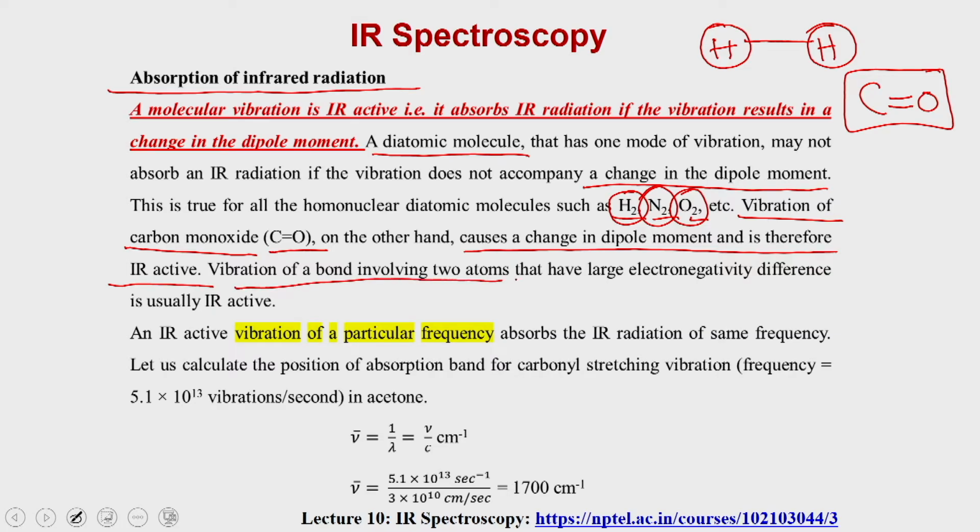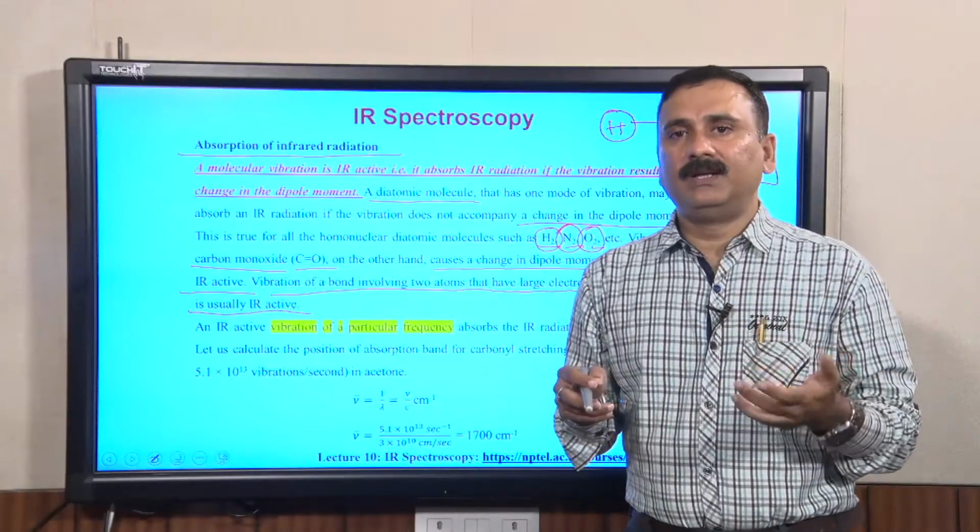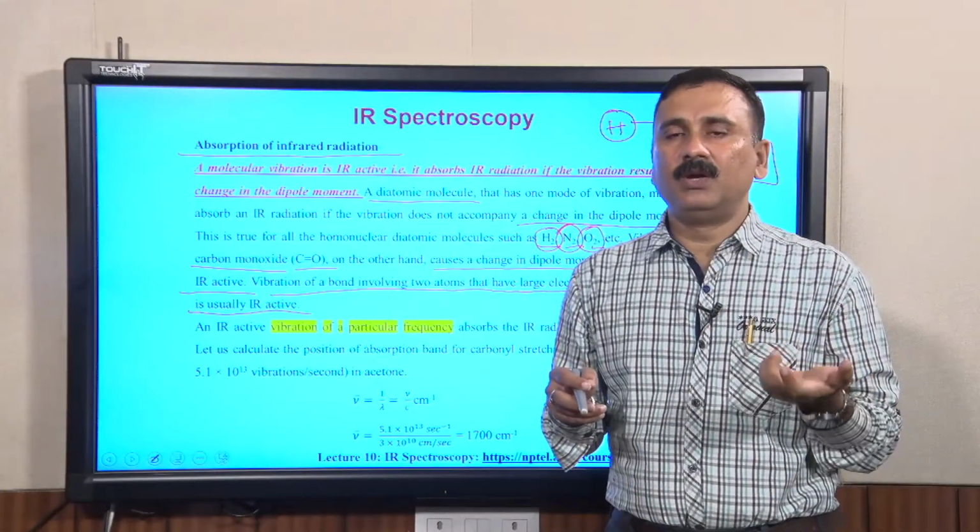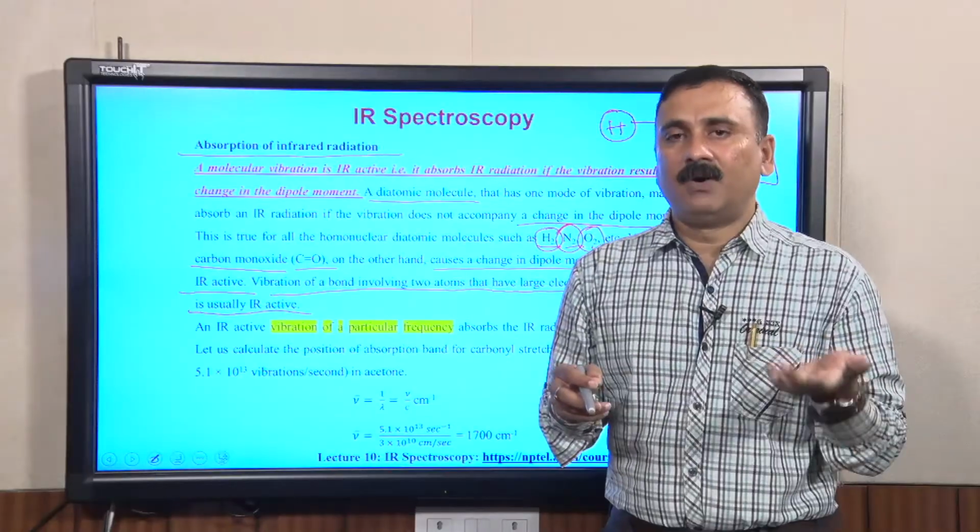The vibration of a bond involving two atoms that have a large electronegativity difference is usually IR active. So looking at the molecule, you can say whether it is going to be IR active or not. What is the condition?